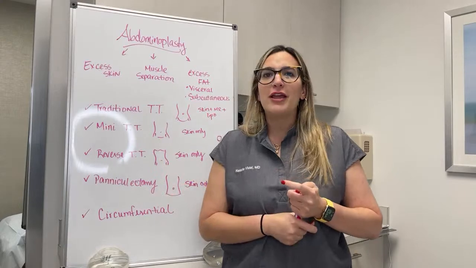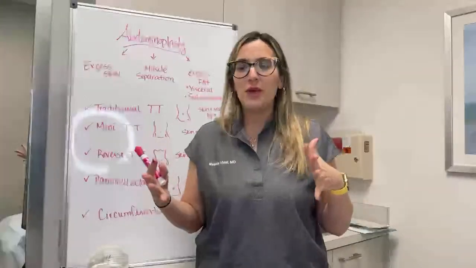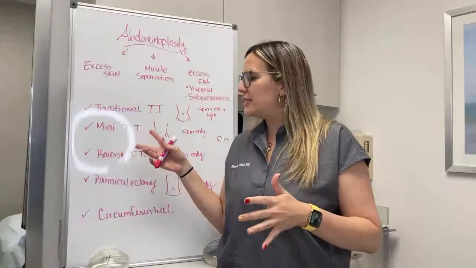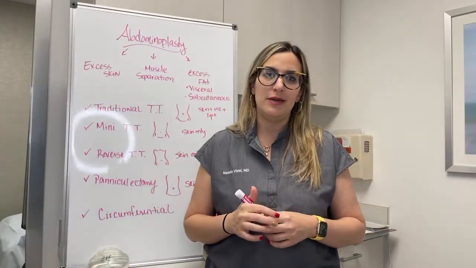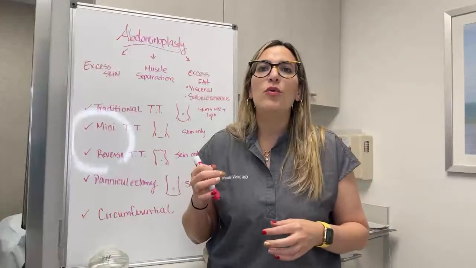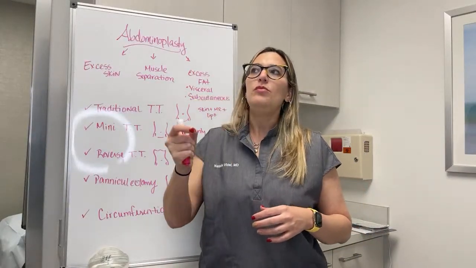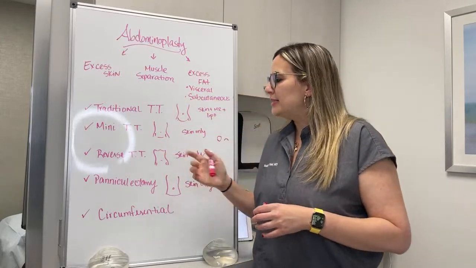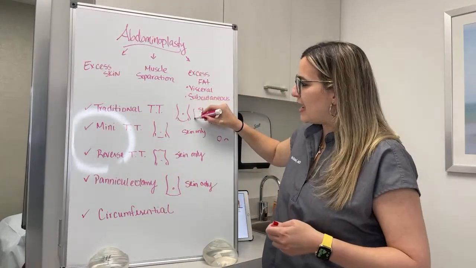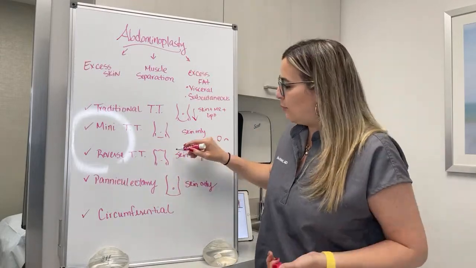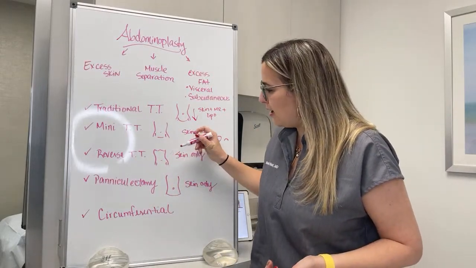Reverse tummy tucks are getting more and more popular in social media. The reality of the reverse tummy tuck is that it's similar to the mini tummy tuck. It is for people with very specific excess skin. Why? Because instead of pulling the skin down like a regular tummy tuck, the reverse tummy tuck pulls the skin up, okay?